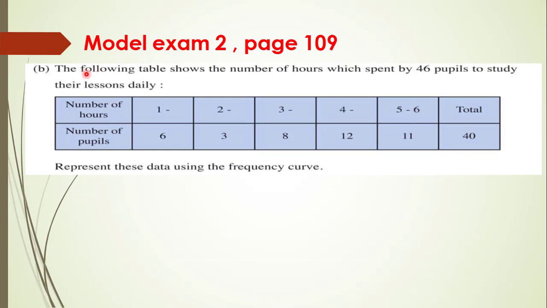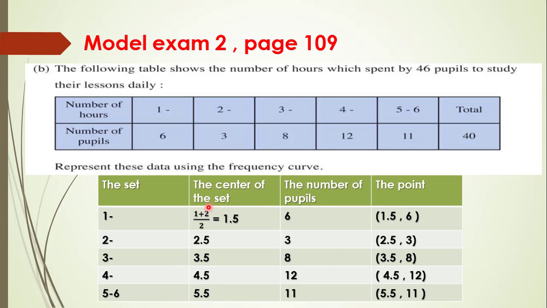The last question. The following table shows the number of hours which were spent by 46 pupils to study their lessons daily. We have a table here. You want to represent the data using the frequency curve. As we studied before, we will form a new table. We will calculate the center of each set and we will write the point.